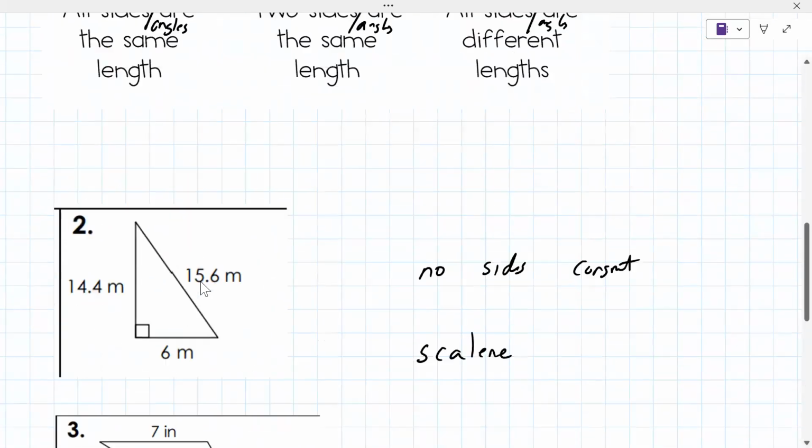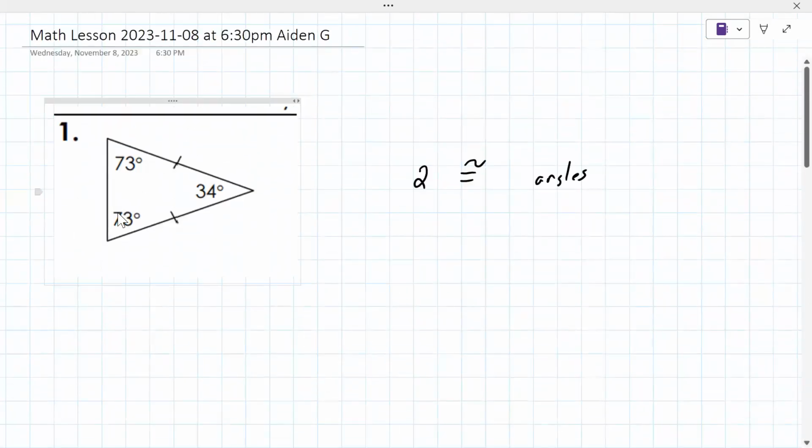Okay, so let's go back and look at your first problem here. Are all the angles less than 90?